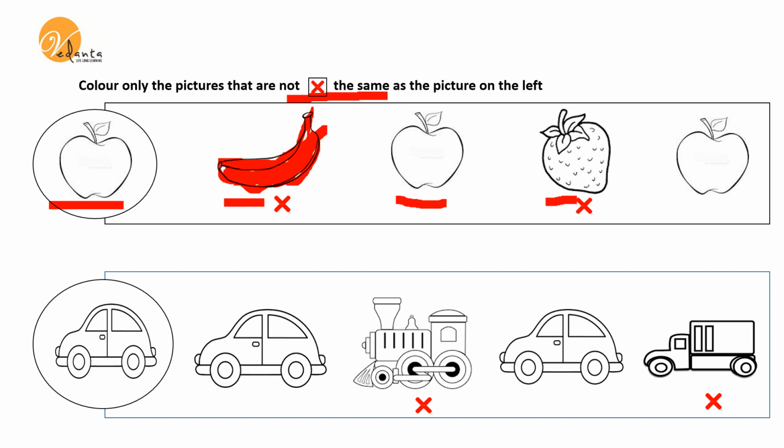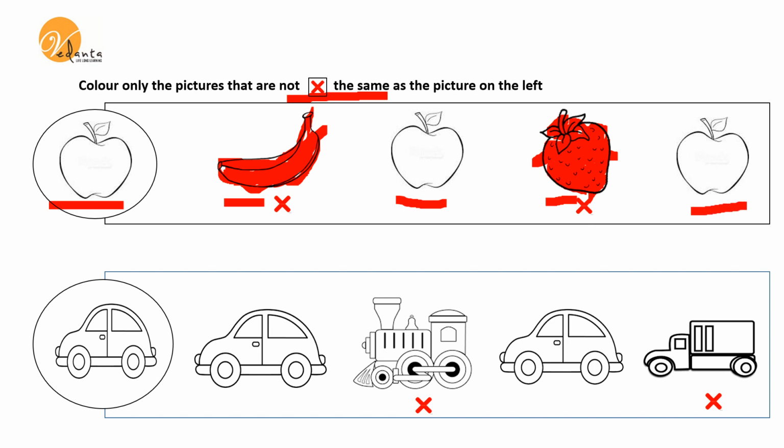What fruit is this? Strawberry. As it is the different one, I'm going to color strawberry. It's not same as apple, right? So keep in mind, I'm coloring the picture that is different from the one given on the left. I'm not coloring the same ones.